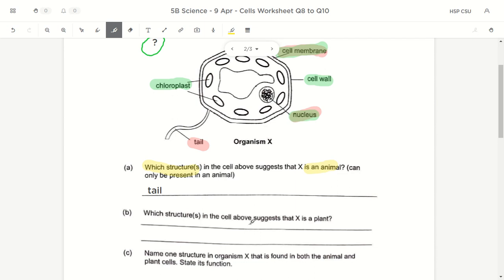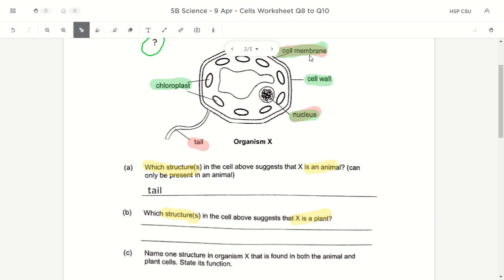Okay, so once again, you're just repeating what you have done just now. Instead, now you're talking about whether it is a plant cell. So again, which structure in the cell above suggests that it is a plant? So which structure is a plant? So again, we run through the different structures.